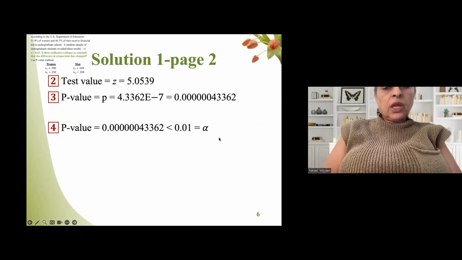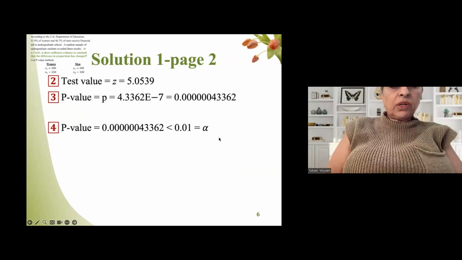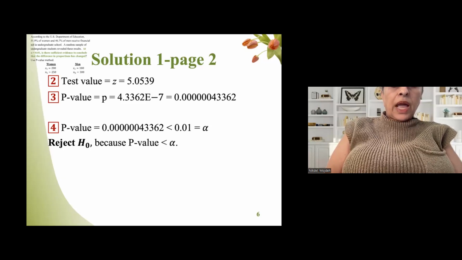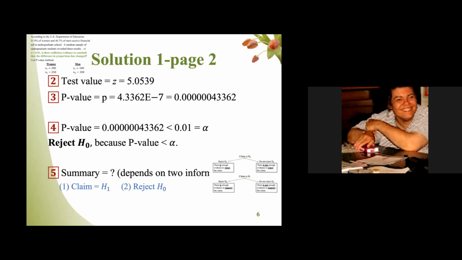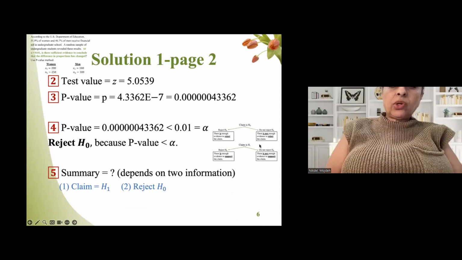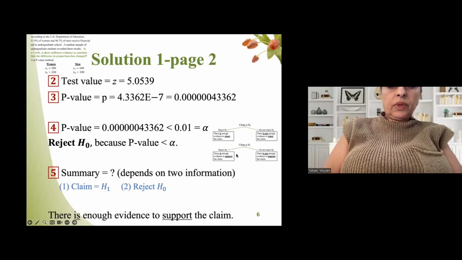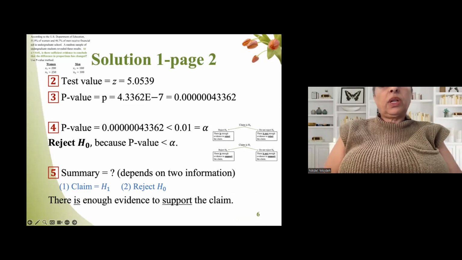The p-value is less than alpha, so we're going to reject the null. And our claim was H1. We rejected the null, so that's our outcome. We pick the lower left box. There is enough evidence to support the claim.